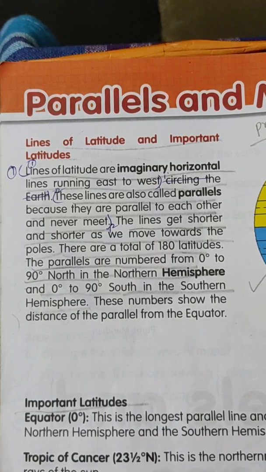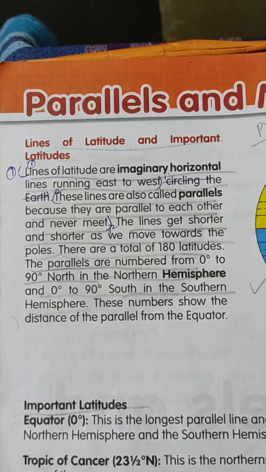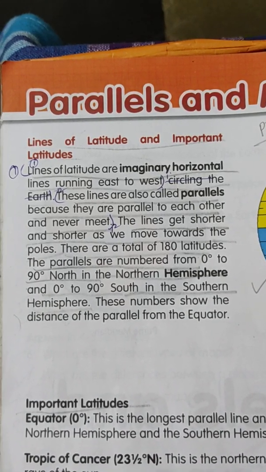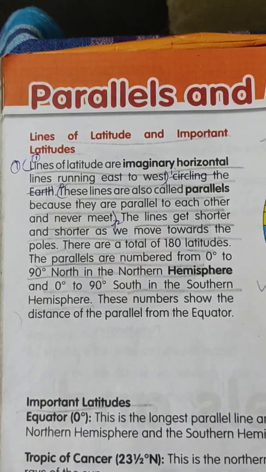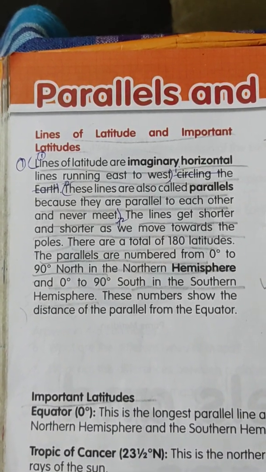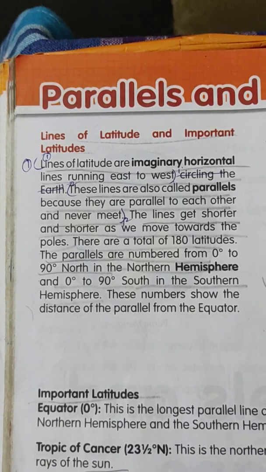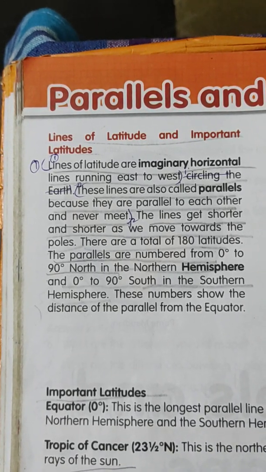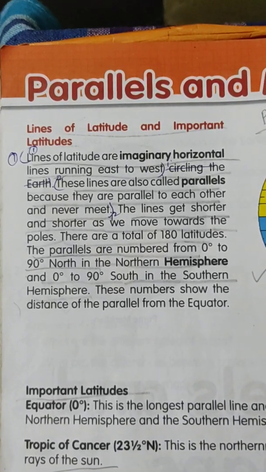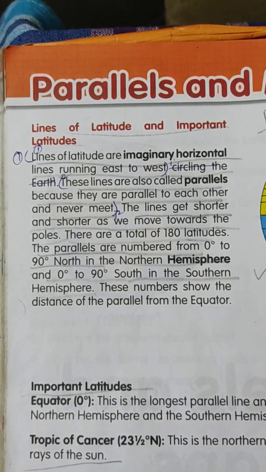These lines are also called parallels. They are known as parallels because they are parallel to each other and never meet. They never meet, children. You can see in your globe as well as in the map.